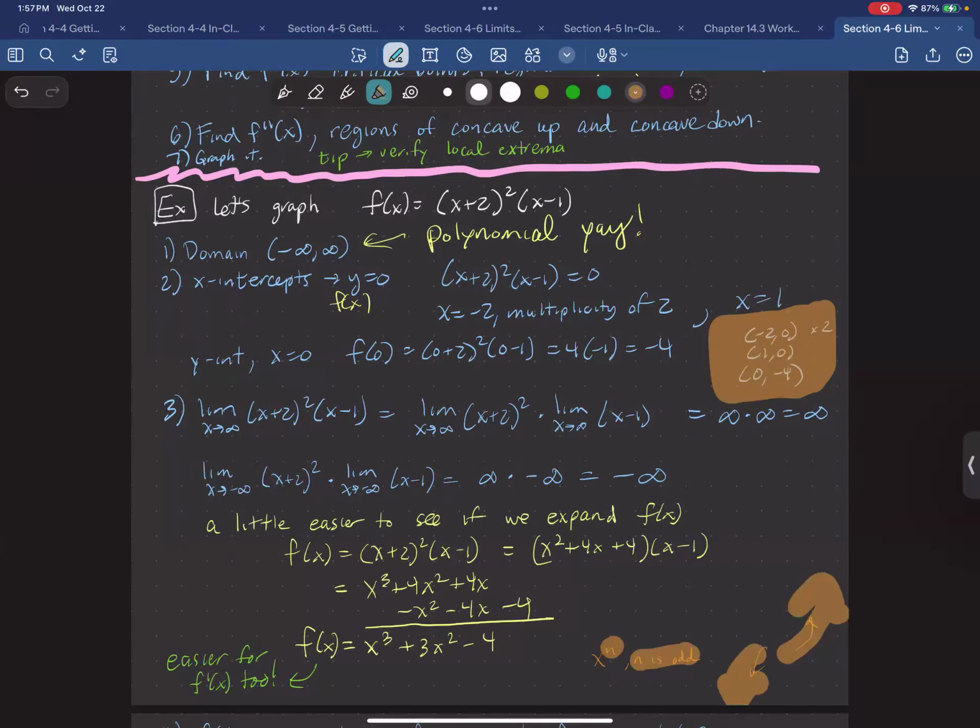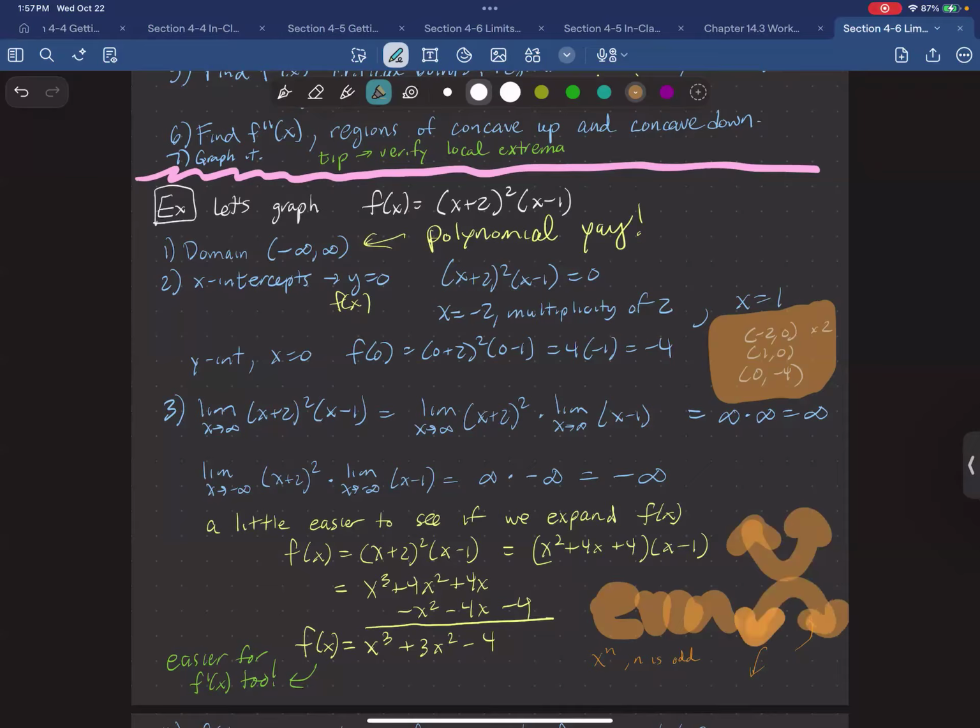If n is even, it does either that, looks like a U, or it's downward on both sides. Okay? And that shows up in the getting ready for this, or 4.5 also. 4.5 getting ready is going to be your best friend. Okay?